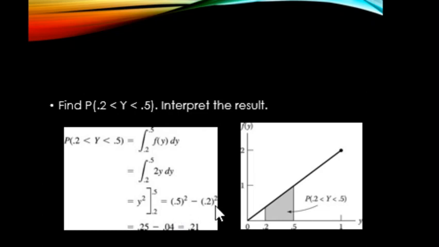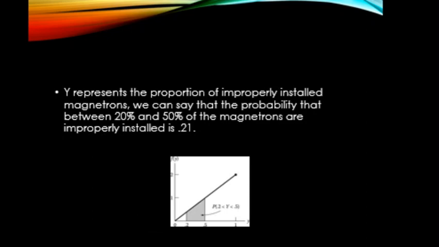So 0.5 squared minus 0.2 squared gives us 0.25 minus 0.04, which is 0.21. The interpretation: y represents the proportion of improperly installed magnetrons, and the probability between 0.2 and 0.5 is 0.21.